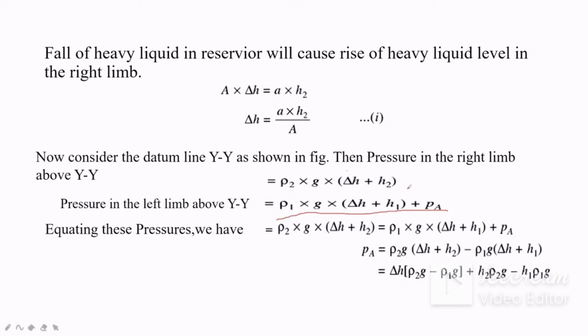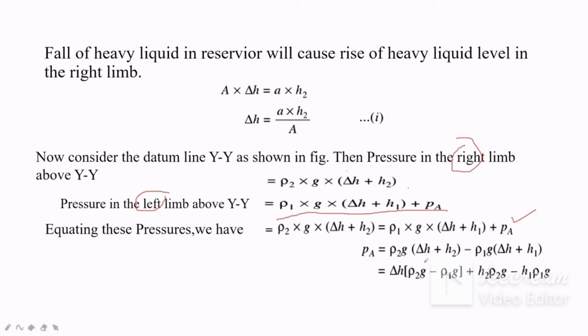This is due to the right limb and this is due to the left limb. So whenever we equate them both, the main concept here is equating. So take a datum line, equate them both. The right limb is equal to the left limb. So we get rho 2 g delta H plus H2 is equal to rho 1 g delta H plus H1 plus PA. We want this PA, so keep this PA here only and transfer all the rest to that side.